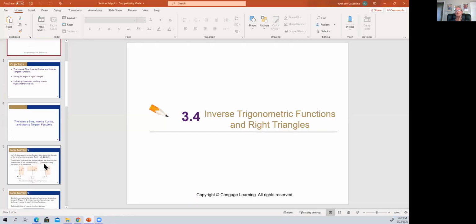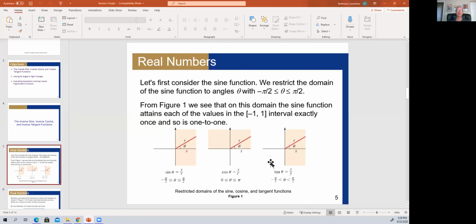So when we look at this graph, this is really good. This is slide 5 that's uploaded to our Brightspace account, and it's really good to show the definition of the three inverse trig functions. And remember, when we use the right triangle approach, the sine of theta is opposite over hypotenuse.